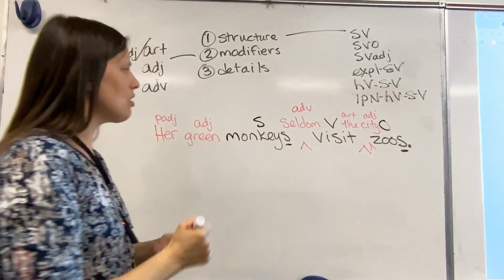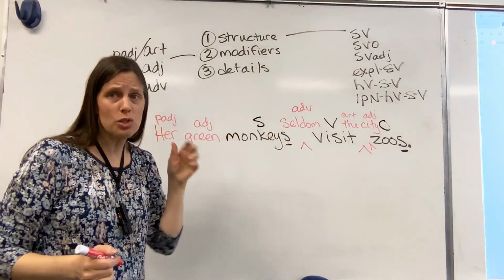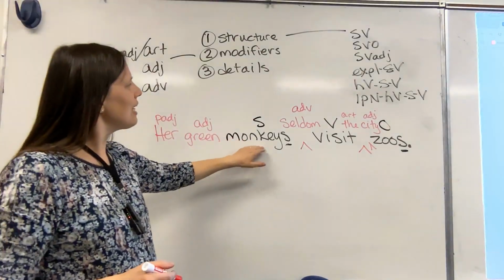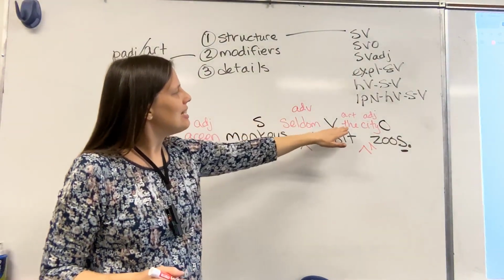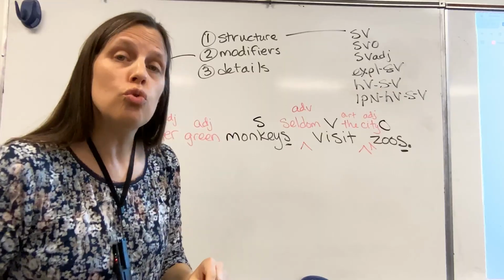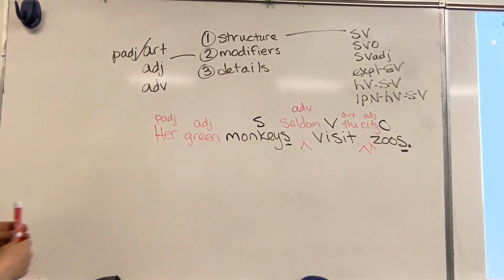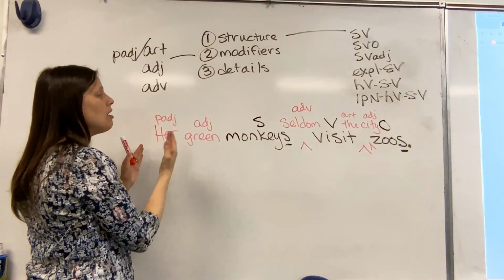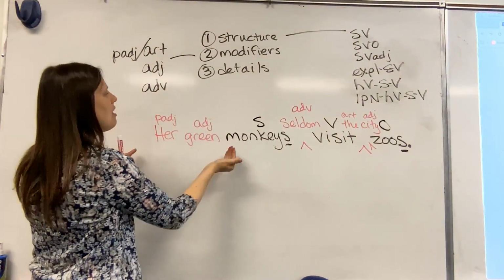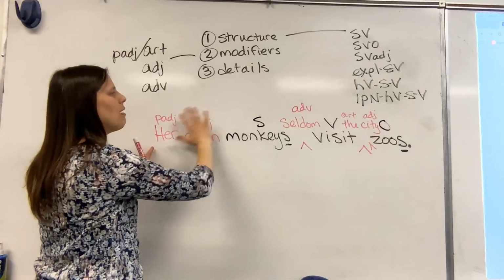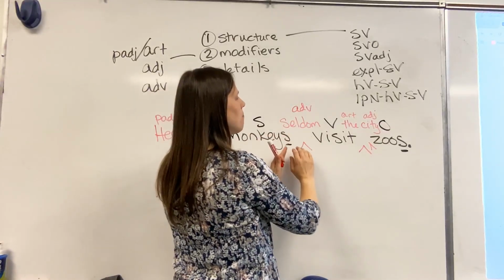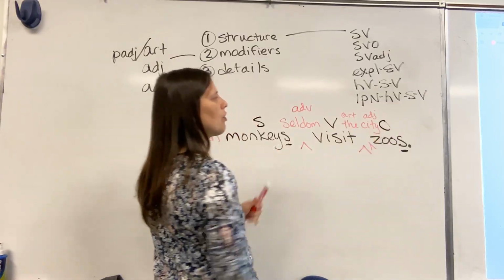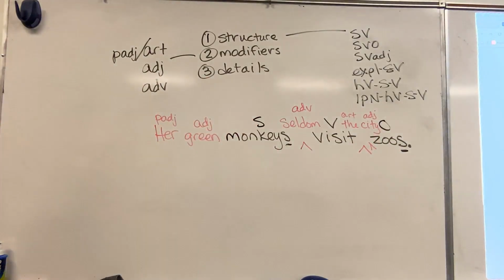Notice how our sentence is already significantly longer just by adding modifiers. Her green monkeys seldom visit the city zoos. Our sentence is much longer just adding the modifiers, but we're adding them using correct rules, that adjectives and articles modify the subject, verbs are modified by an adverb, and objects are modified by an article, adjective, or possessive adjective.